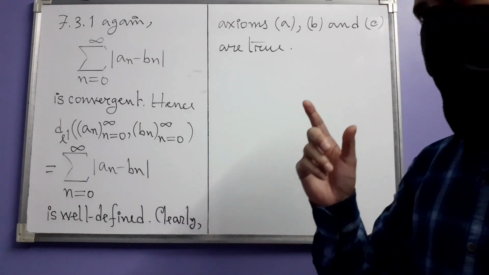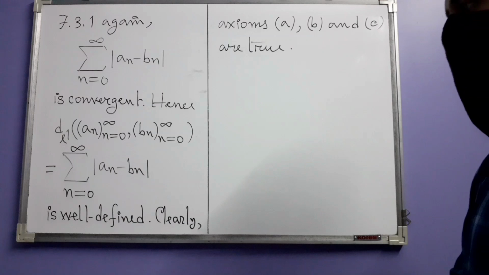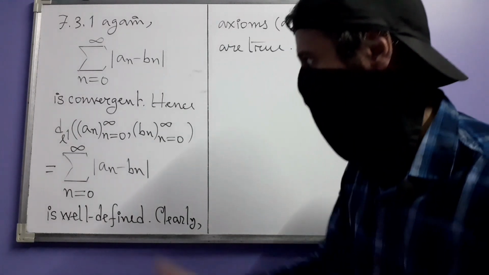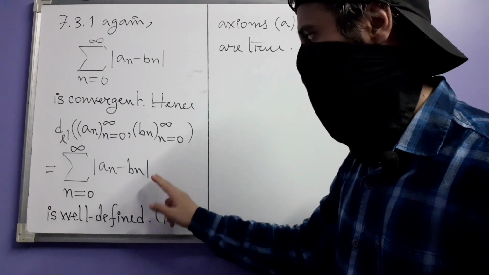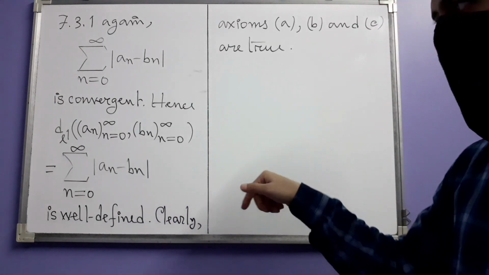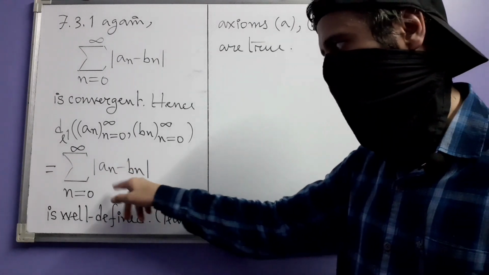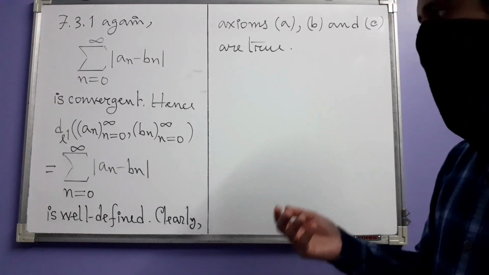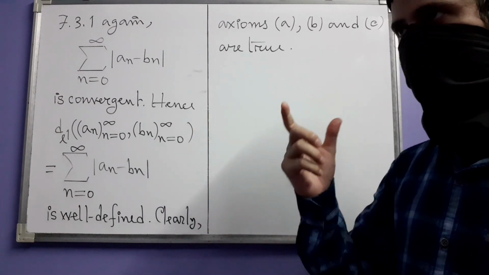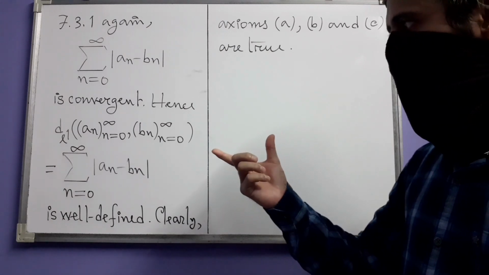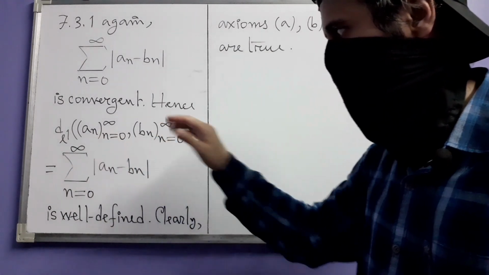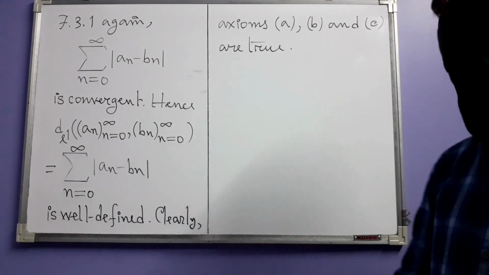And finally, we have symmetry, axiom C, which is also obvious because this series is the same as the corresponding series where in place of mod an minus bn you have mod bn minus an. So that's why the two dl1 distances are the same. The order in which we consider the sequences does not matter.